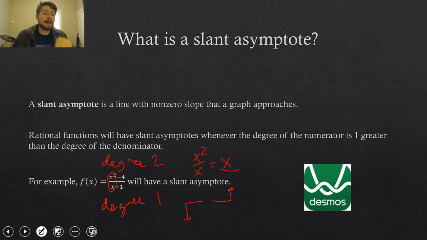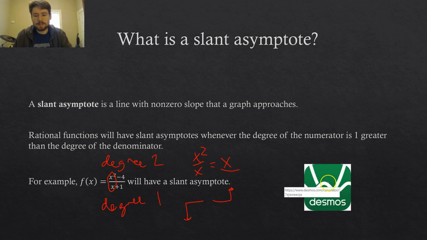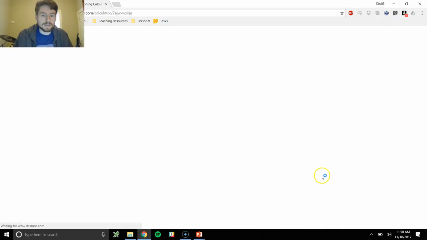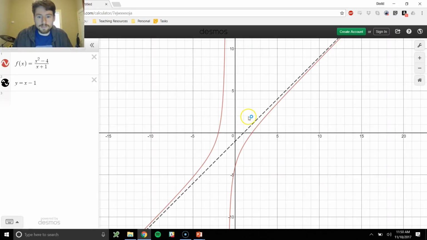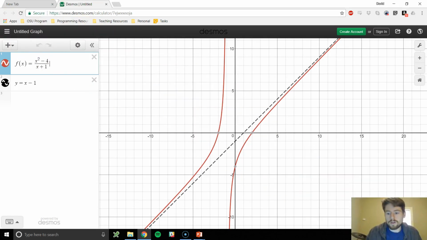But now we're going to find out exactly what line this thing will approach. What's the line that (x squared minus 4) over (x plus 1) approaches? Let's look at its graph and see the slant asymptote. Here's the graph of (x squared minus 4) over (x plus 1).